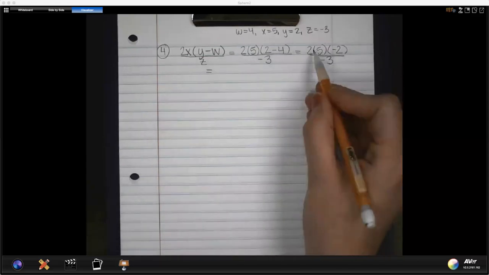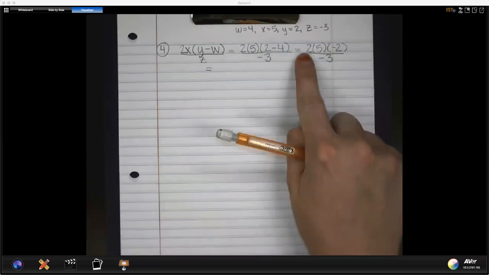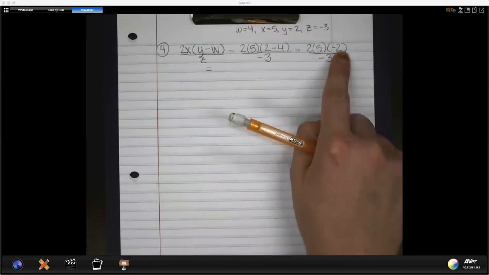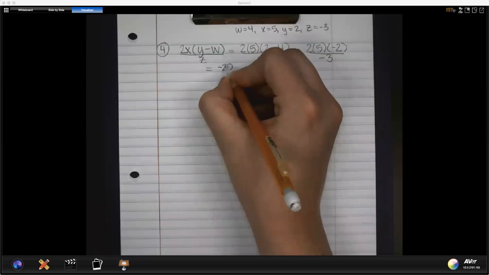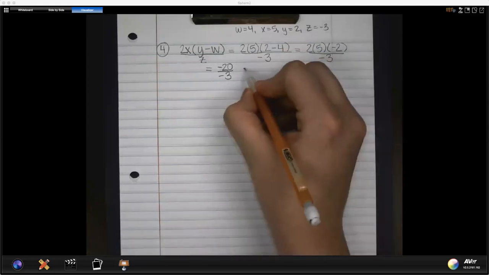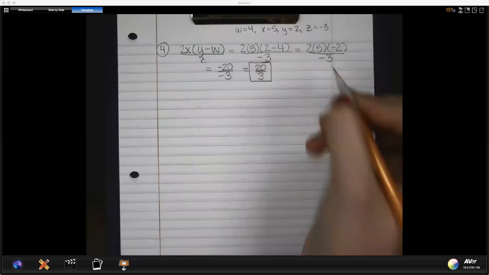Then on top we have all multiplication, so I can just multiply across. So 2 times 5, which is 10, 10 times negative 2, negative 20. And a negative divided by a negative is a positive.